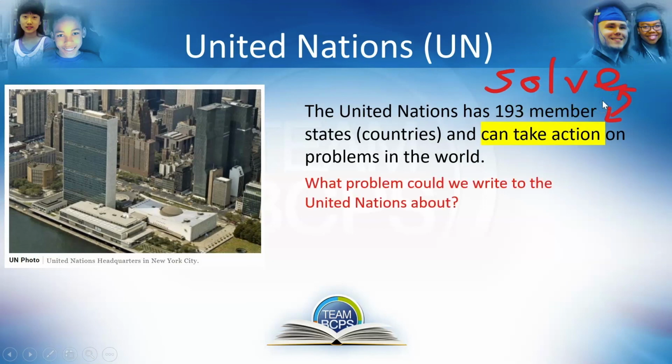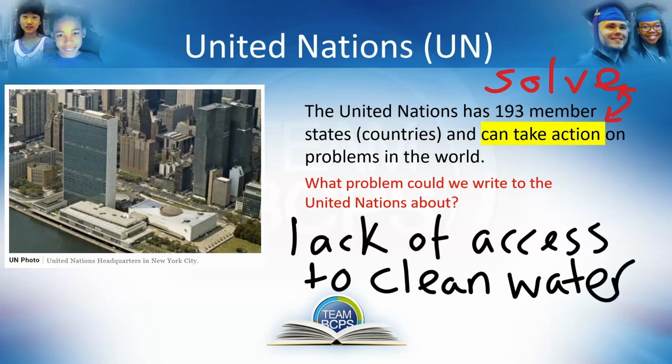So, what problem could we write to the United Nations about? Do you remember the last lesson, lesson number 6? What was the problem? Lack of access to clean water. So remember we looked at different countries in the world? We looked at the United States, and the average person in the United States uses 156 gallons of water a day.